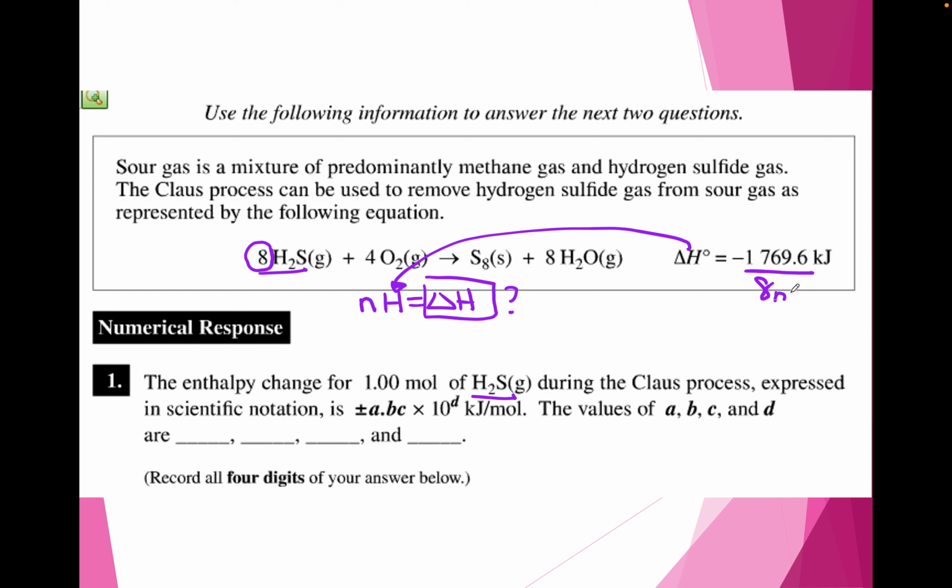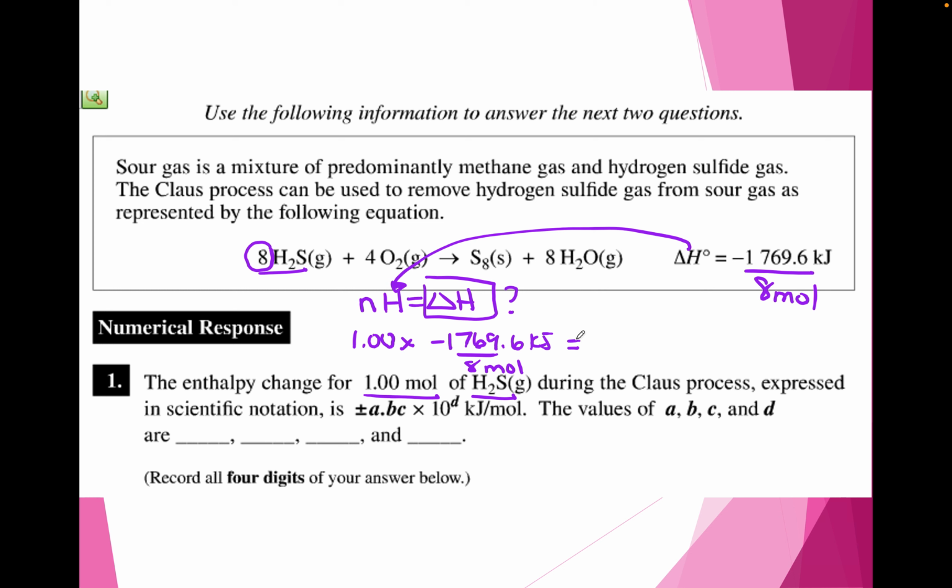So you'd want to divide that by 8. So when you're filling this in, it's giving you this value 1 mole, so it would be 1 mole times that negative 1,769.6 kilojoules divided by 8 moles, and we'll plug that into our calculator.